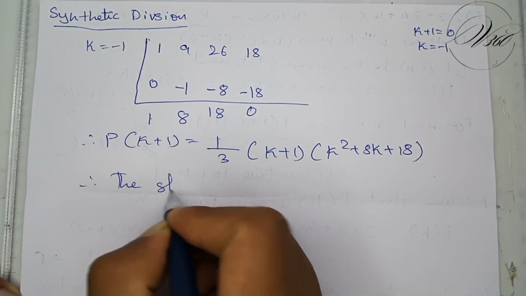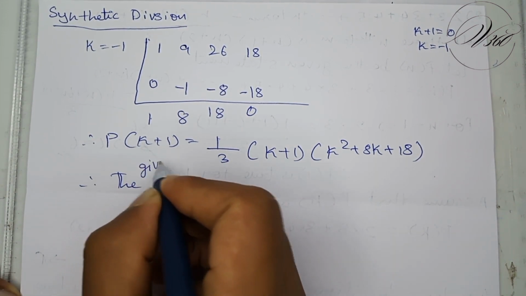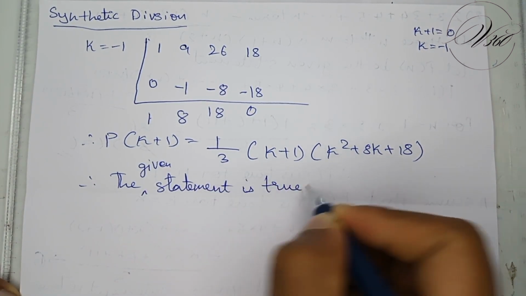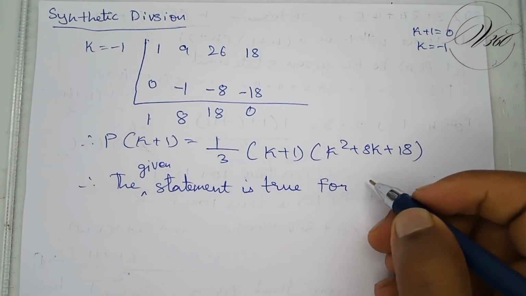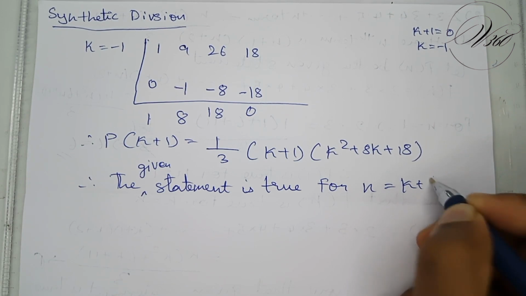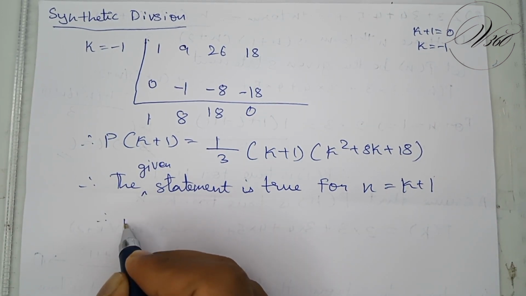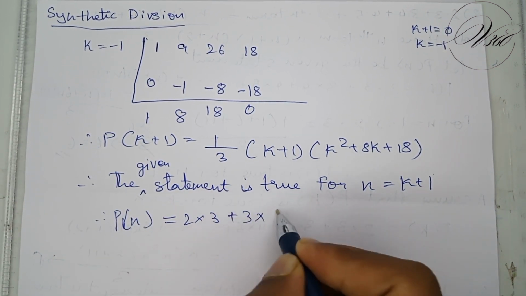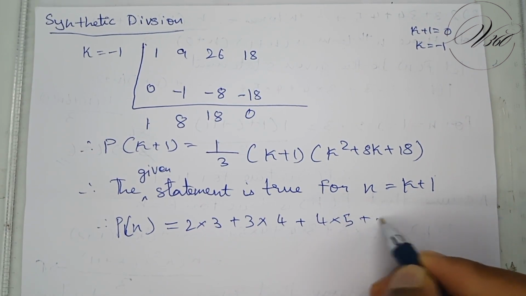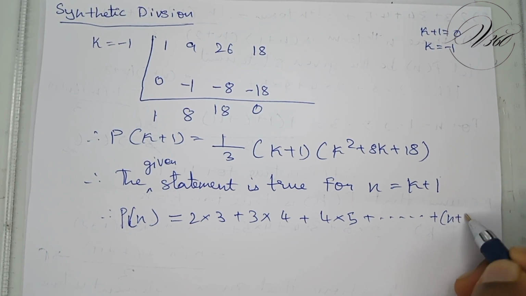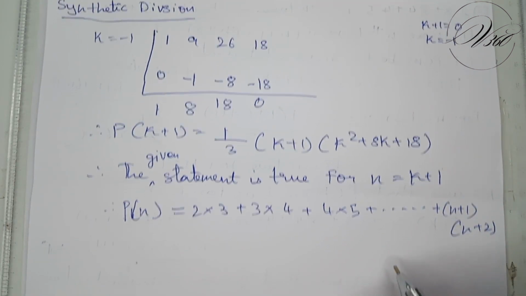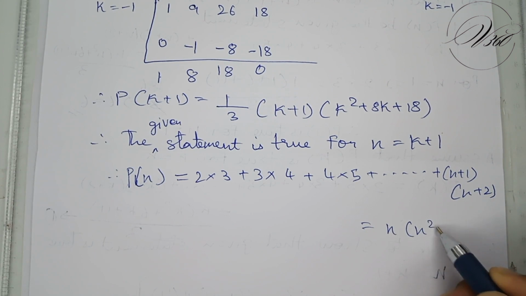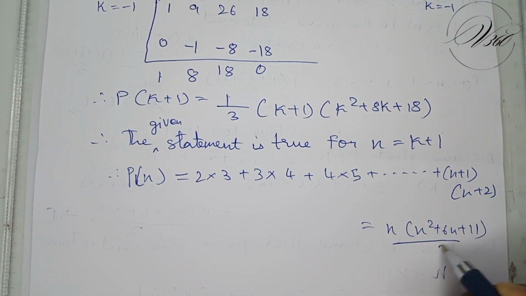Therefore the given statement is true for n = k + 1. Therefore P(n) = 2×3 + 3×4 + 4×5 + ... + (n+1)(n+2) equals n(n² + 6n + 11)/3.